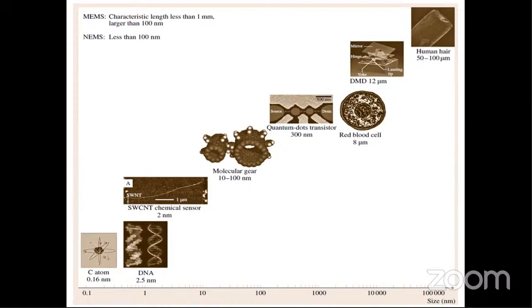I hope that with the comparison we drew from the bottom, coming to that red blood cell, or the dissection of the human hair, the diameter of the human hair can be 50 to 100 microns, depending. So that's what I'm talking about. That is the nanometer length scale.